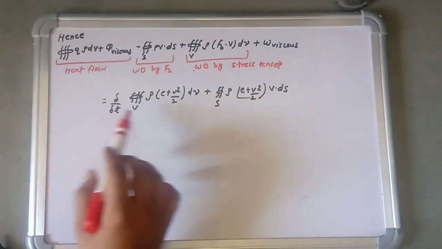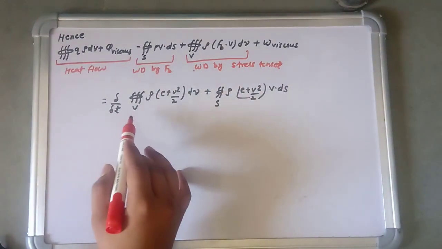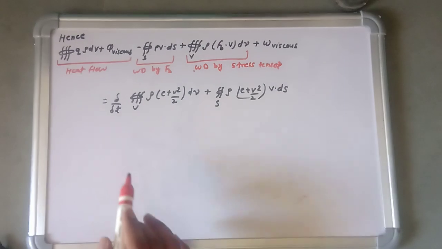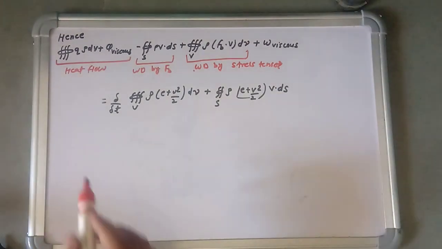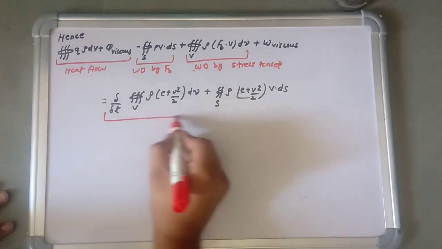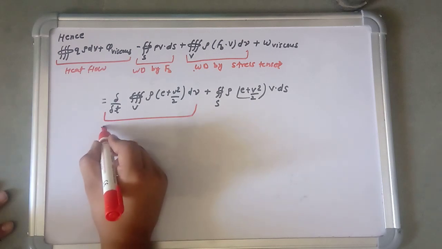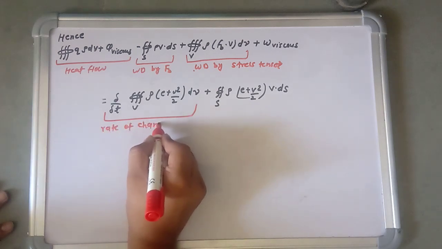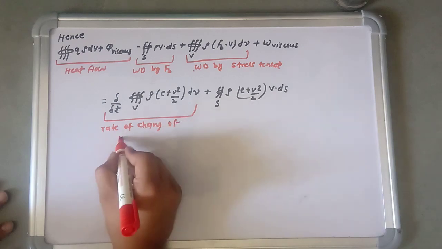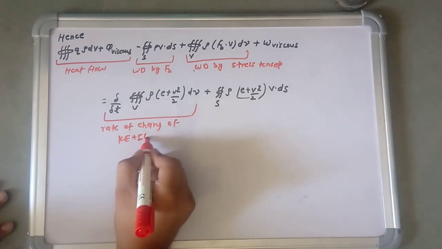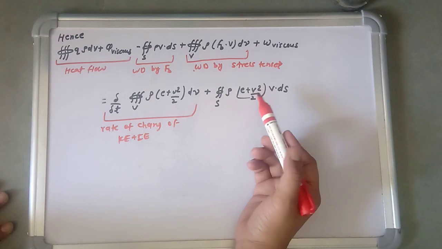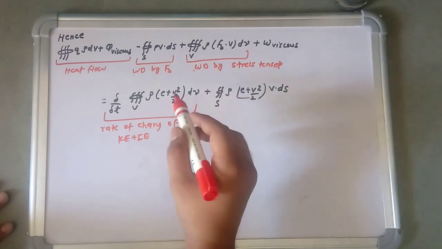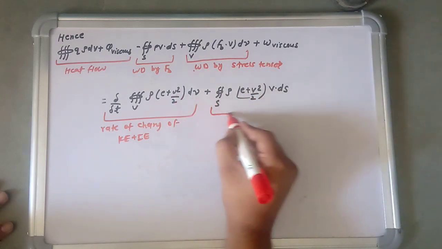This is the rate of change of the kinetic plus internal energy, and this is the net flow of kinetic plus internal energy.